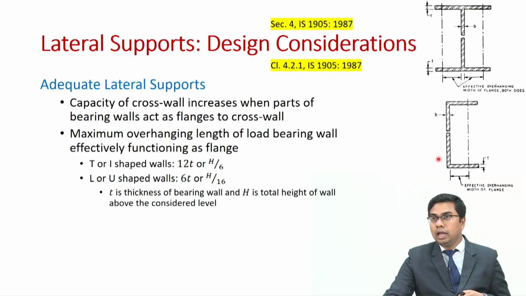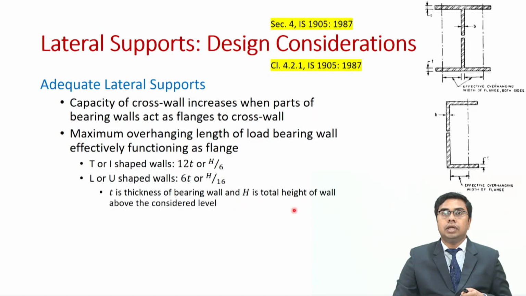In case of L walls or U walls like this, the effective width of the flange shall be taken as 6T or H by 16. In this case, T is the thickness of bearing wall and capital H is the total height of wall above the considered level.